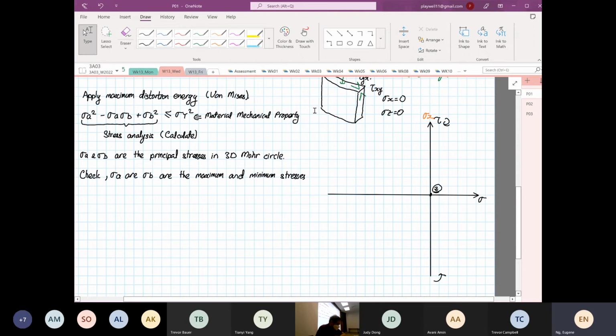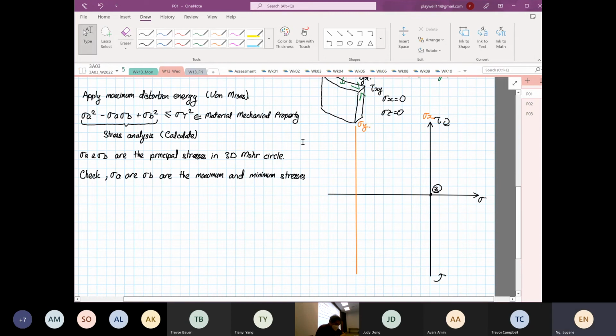Okay. And I'm going to sketch our stress Y line. Again, these are just arbitrary addition, okay?